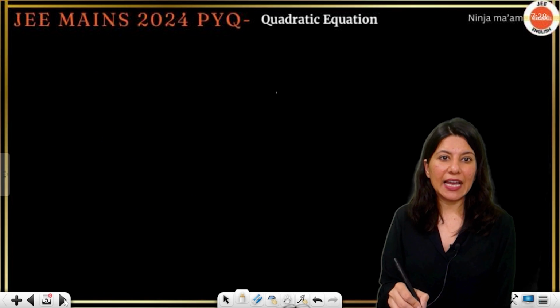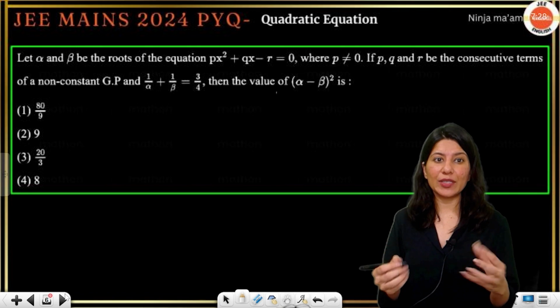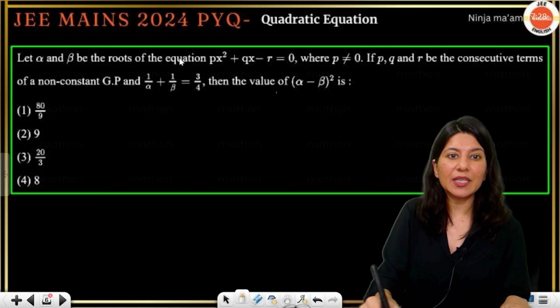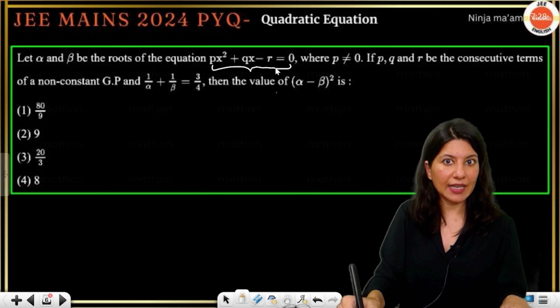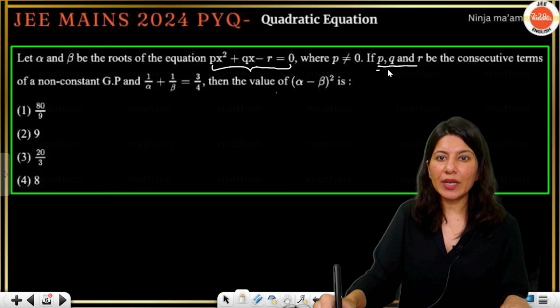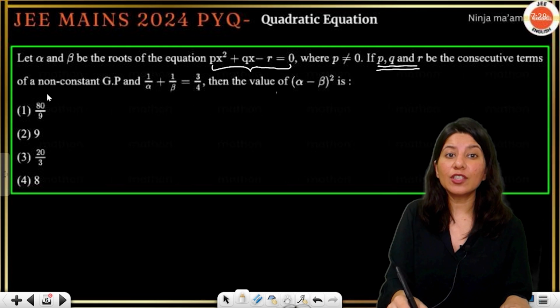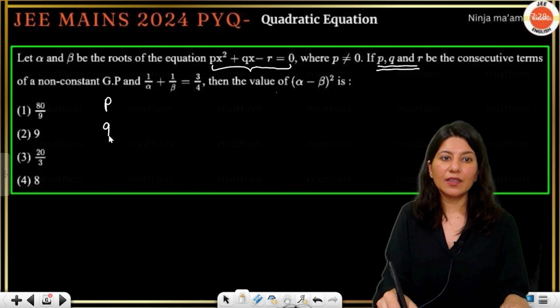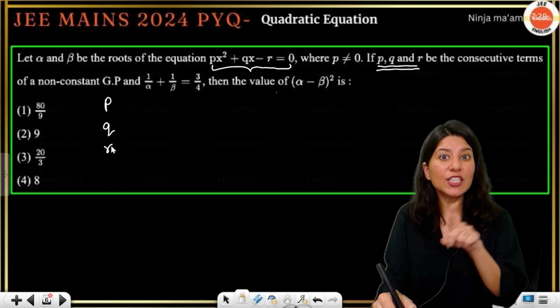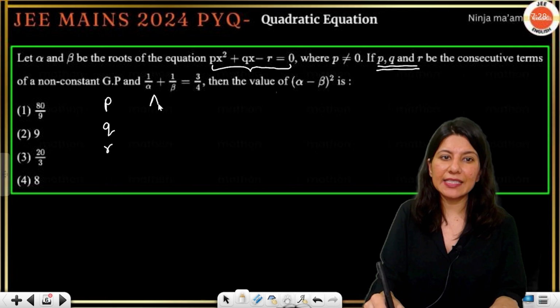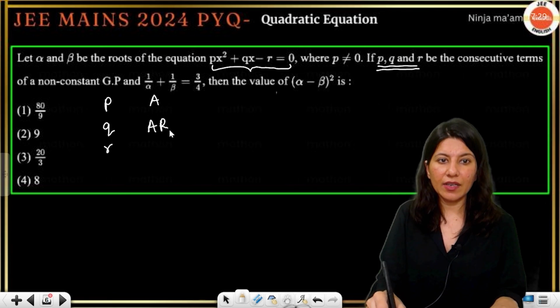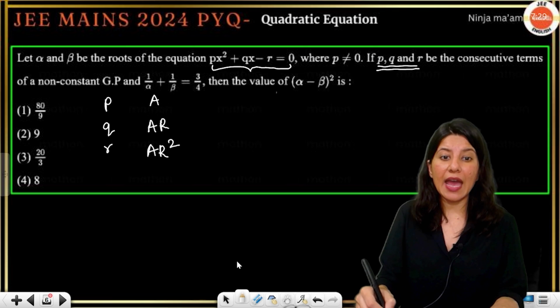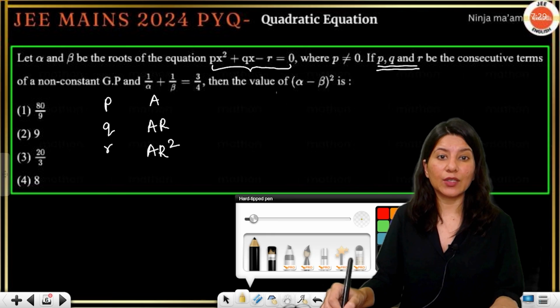Okay. And now let us move on to the next question, which says that alpha and beta are the roots of this quadratic. If P, Q and R are the consecutive terms of a non-constant GP, consecutive terms of GP, can I mark them as A, AR, AR square, and rewrite the quadratic equation?